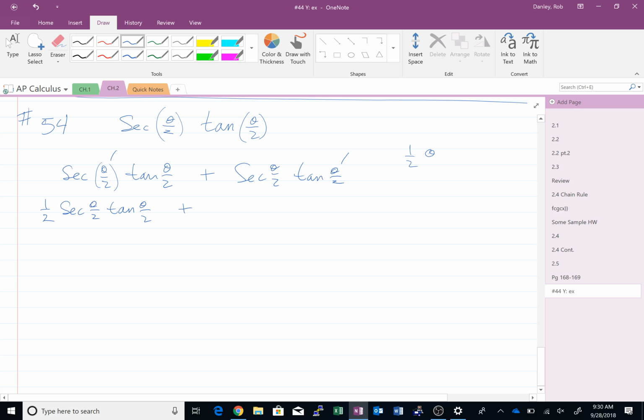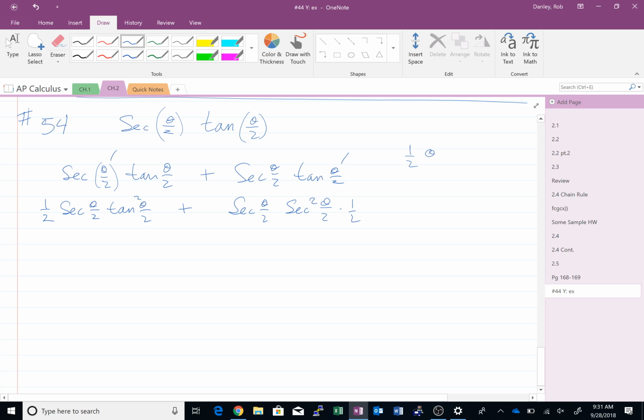Plus the derivative of tangent is secant squared of theta over 2 times the 1/2. And I still have the secant there. All right, cleaning it up, the front, there's nothing I can do. Please do not do 1/2 times this theta over 2. For the first half, secant, if the derivative is secant tan, what happens to the other? Okay.